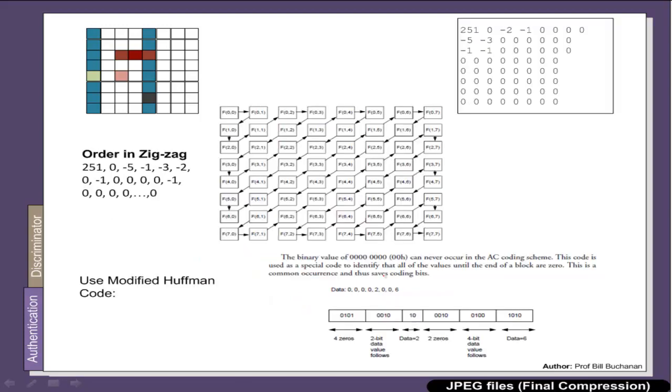Next, we store the values in a zigzag fashion, like this. And we see from here that we end up with long runs of 0, as we can see here in a standard processed result.